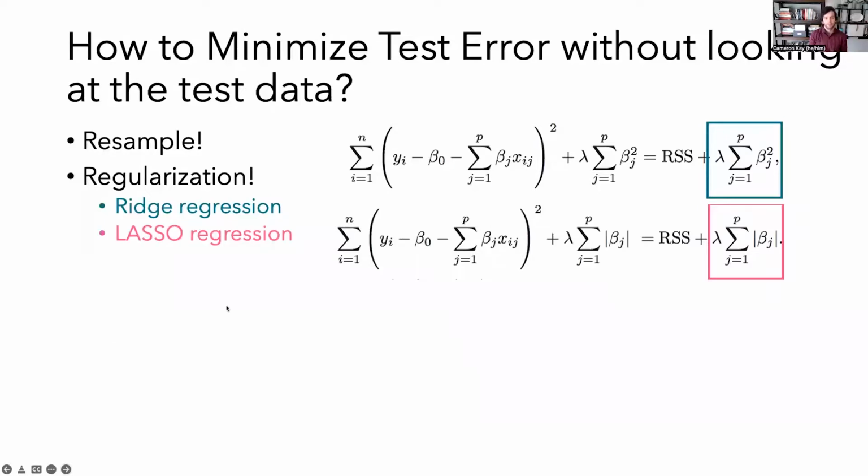Another method you can run, another type of regularization, is LASSO regression. It's least absolute shrinkage and selection operator. And the idea is very, very similar to the ridge regression. We're also adding this little bit of bias, this little penalty for having large beta coefficients. The only difference is that instead of squaring the coefficients and summing them up, we're taking the absolute value and summing them up.